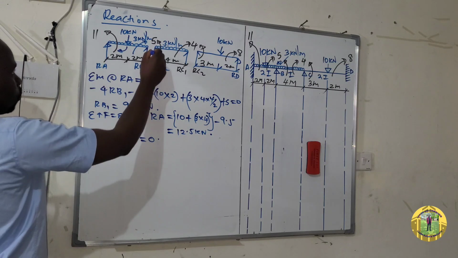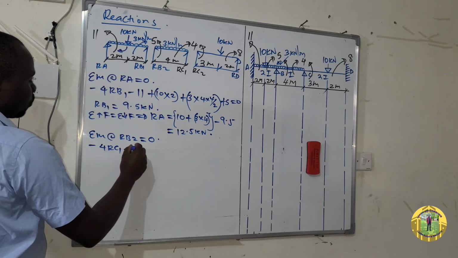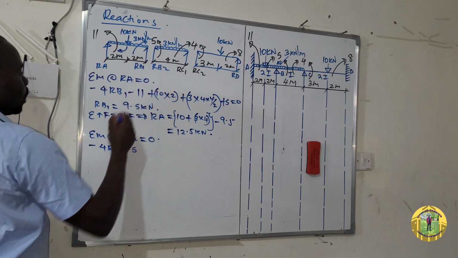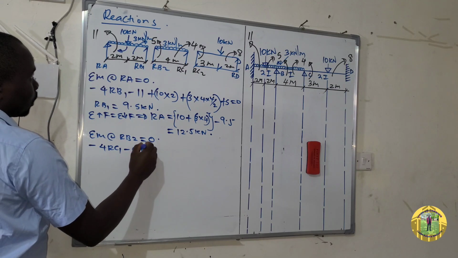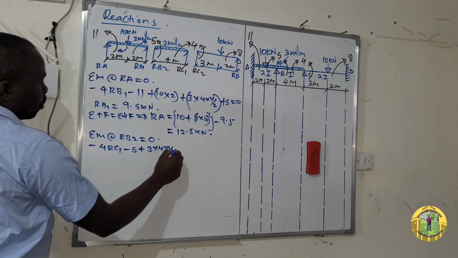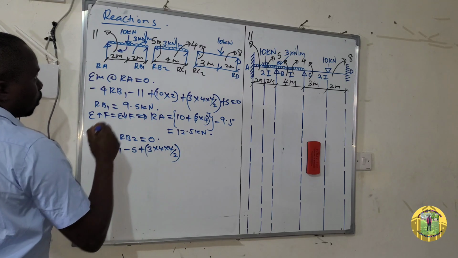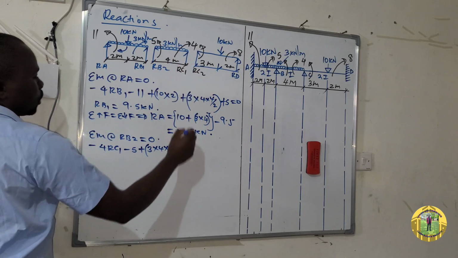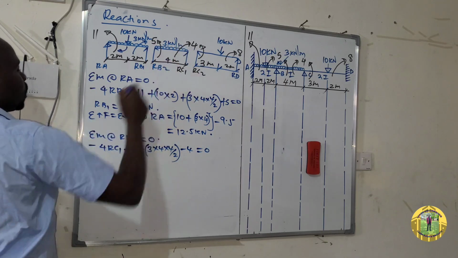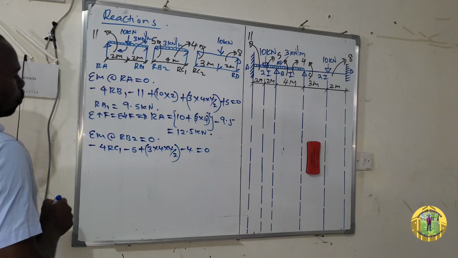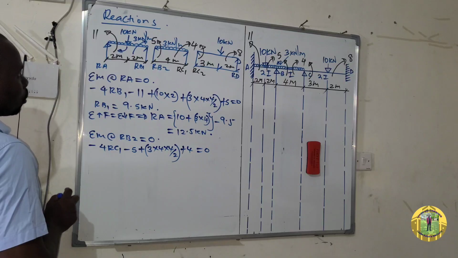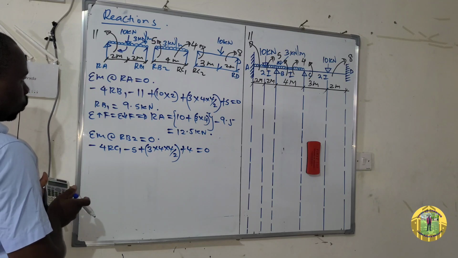Then minus 5, which is a moment, and then the UDL plus 3 times 4 times 4 all over 2. Then you come to this moment, 4, which is moving in clockwise direction, so this is plus, not minus. Plus 4 is equal to 0.